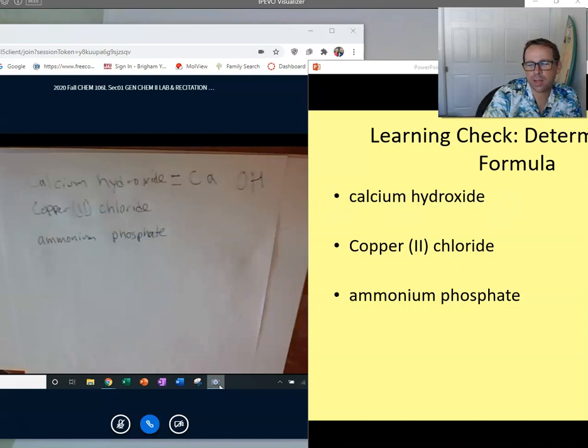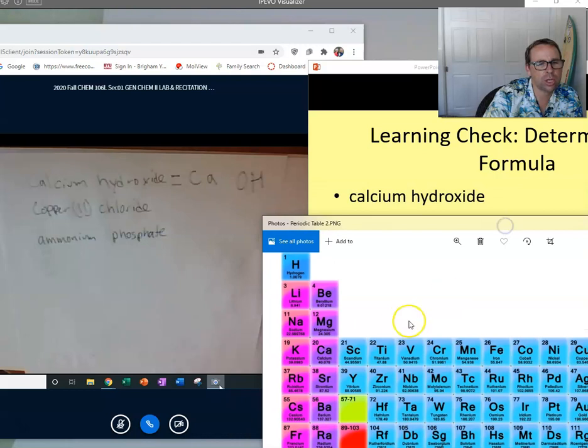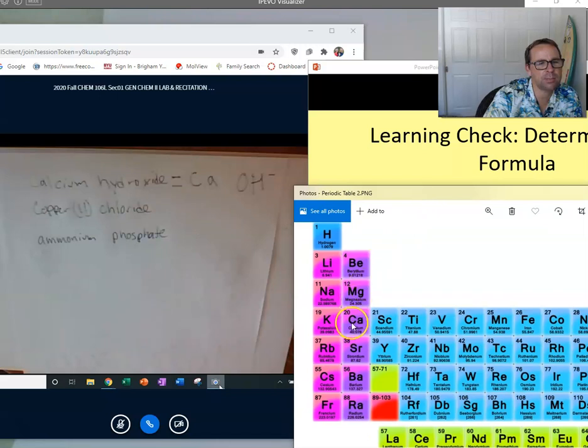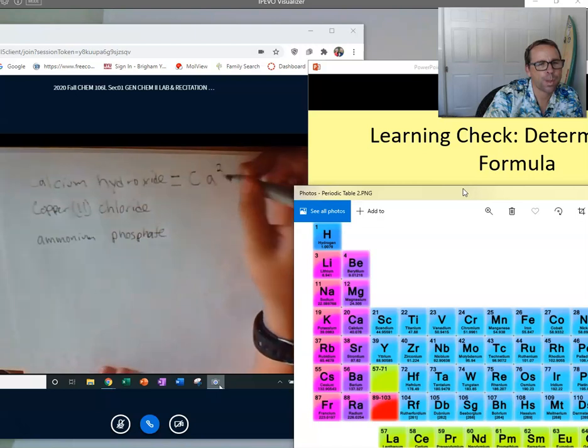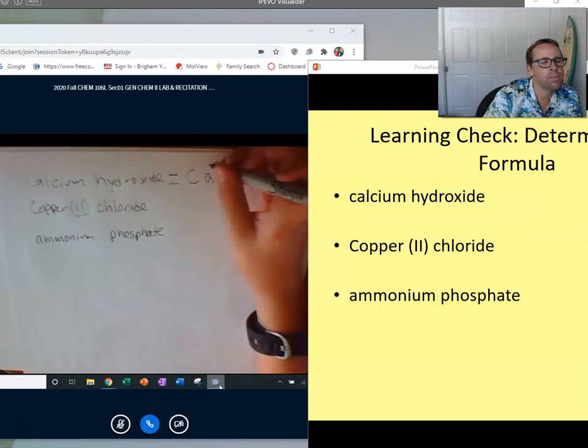Now, before we decide that, we have to look and see what the charge on each of the ions are, right? What's the charge on the calcium ion? Good. The hydroxide's a -1. What's the calcium? +2, right? Go ahead and put the plus sign in there.